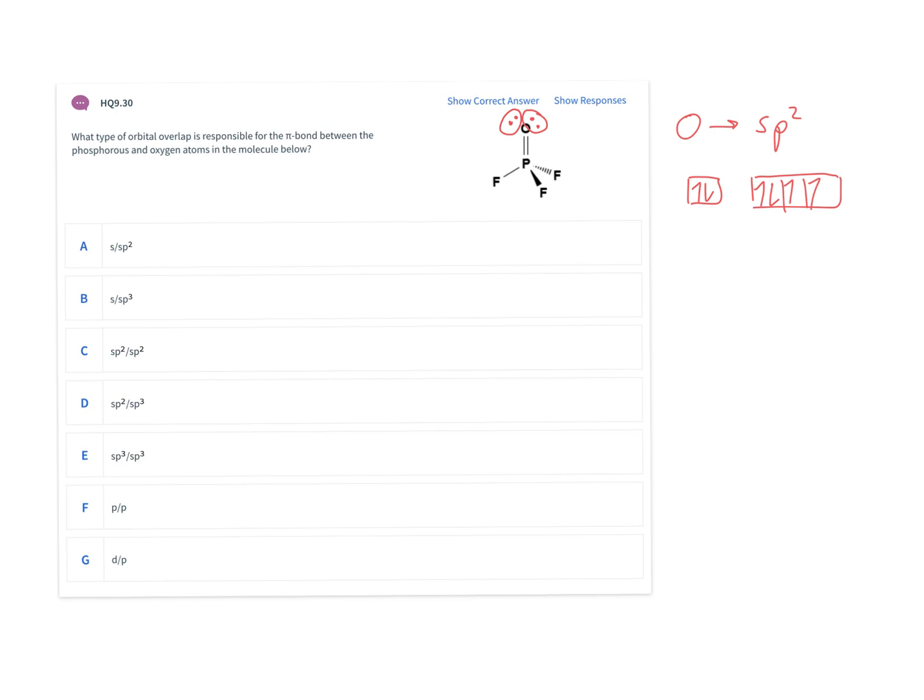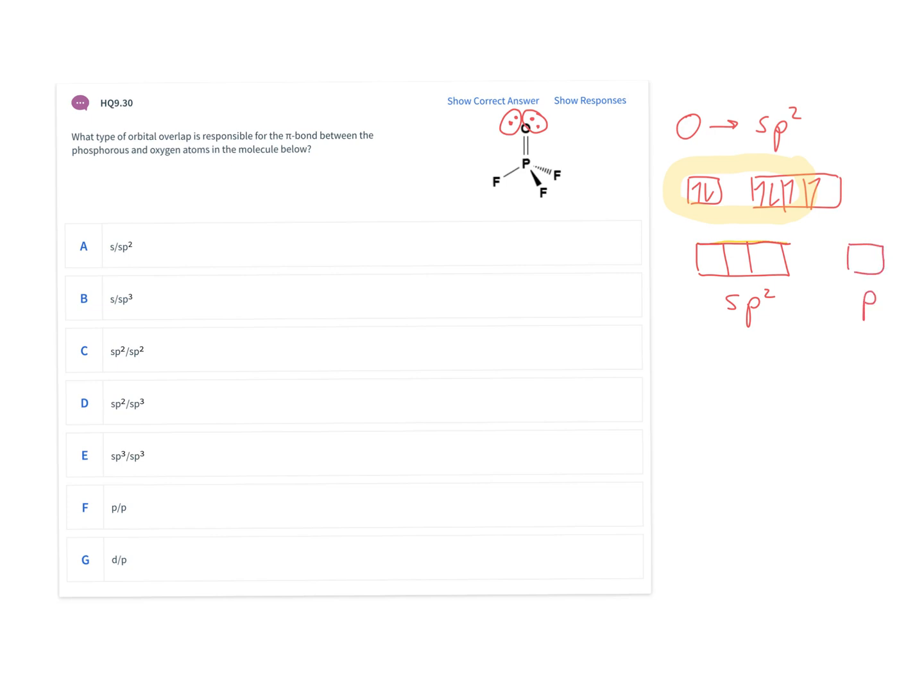When I hybridize those orbitals, I'm going to take 3 of those orbitals and hybridize them together, and out of that I'm going to get 3 hybrid orbitals that are sp2 and 1 p orbital that's unhybridized.